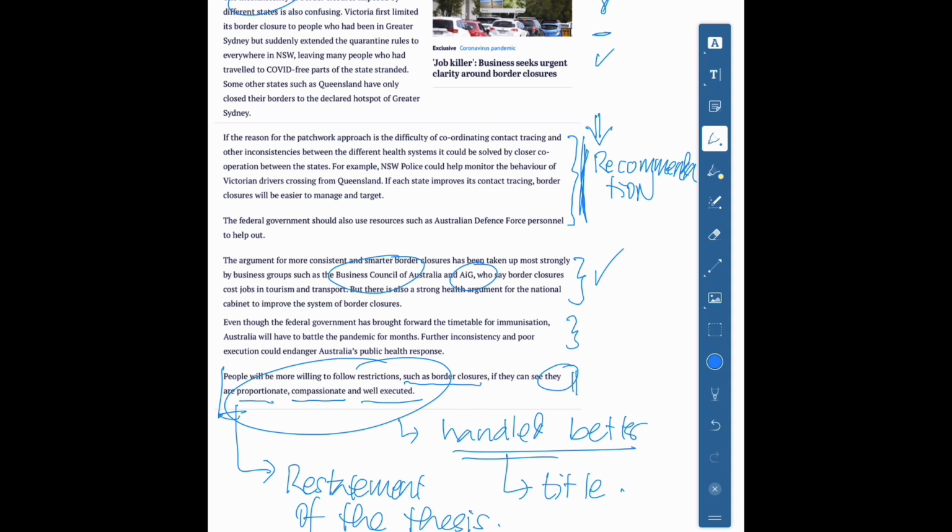At the very last paragraph, the editorial is closed with a restatement of the thesis. Again, the thesis is repeated twice, or the title is repeated twice: in the title, in the thesis at the end of the introduction, and right at the end of the editorial. I hope this video can help you understand the structure of an editorial better.